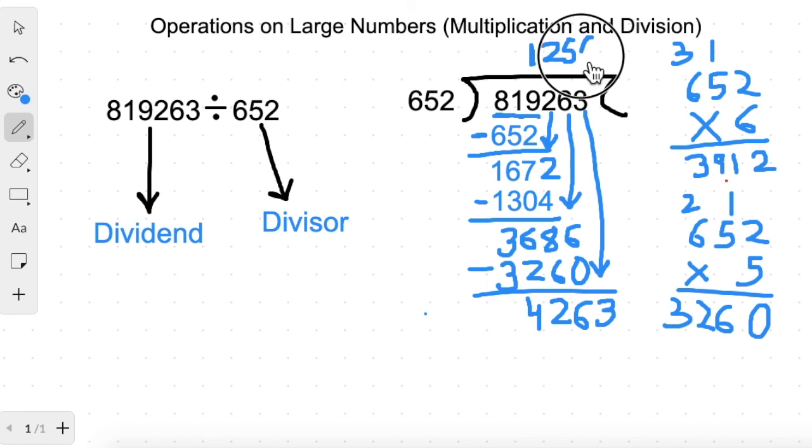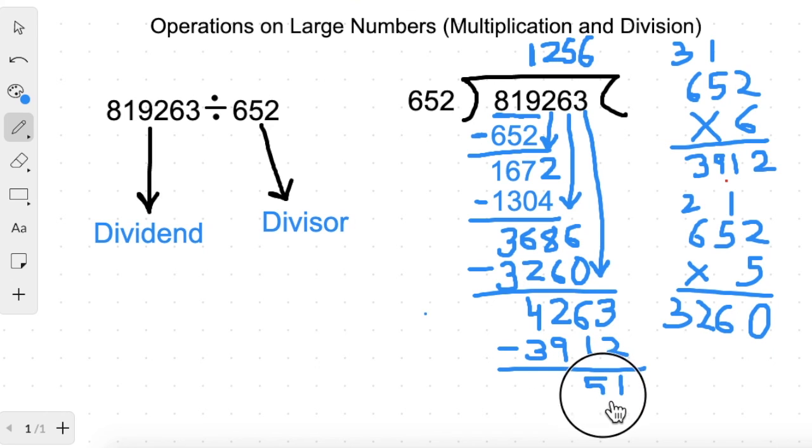So I'll write 6 here, exactly over this 3, and then we can write down the number 3912 here. Then we will subtract the numbers and let us find the final remainder. 6 minus 1, 5. Now 12 minus 9, 3. So this is the remainder because we have nothing left over here.